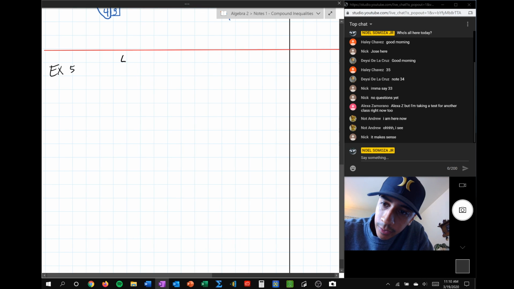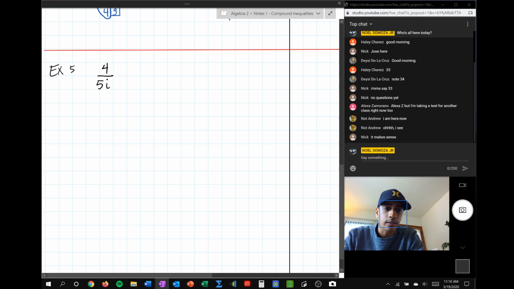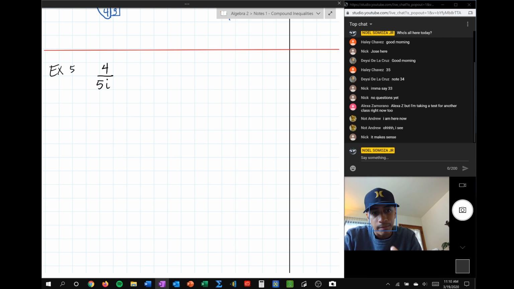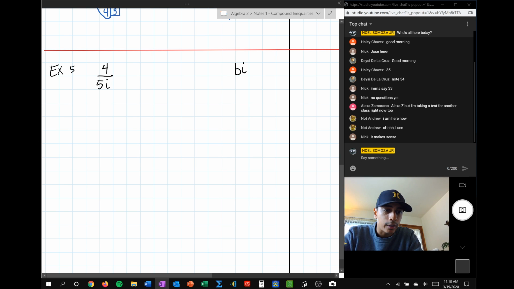Let's say you are given this imaginary number, but you have an imaginary that's in the denominator. Now the convention is, remember what the imaginary number looks like. It needs to be bi, which means i has to be part of the numerator. It cannot be part of the denominator.